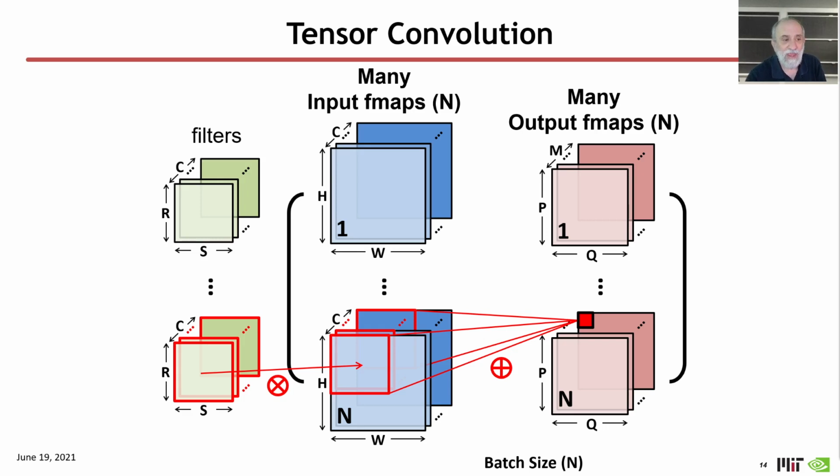And here what we have is a set of filters and a set of input feature maps, or input activations as they are sometimes called, and a set of output feature maps. What we're going to do is a convolution of each of the planes of the input filter with each of the planes of the input feature map.